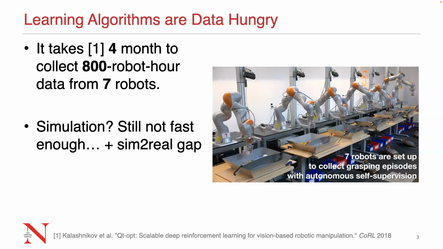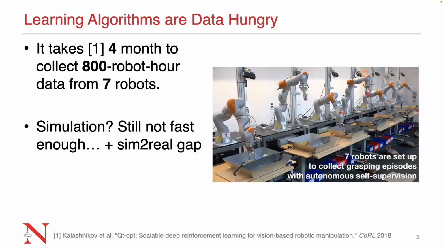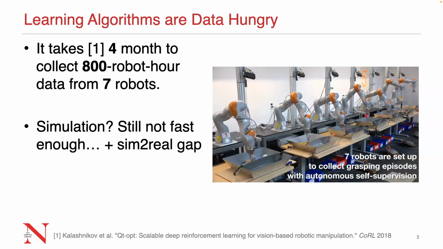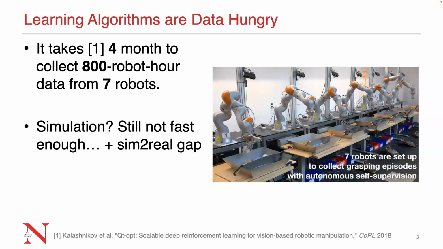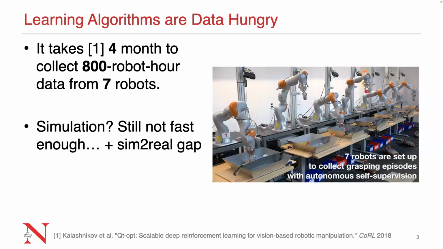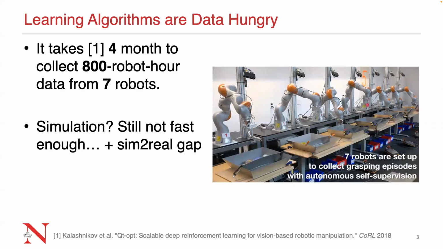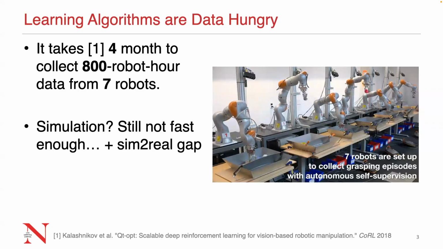One alternative way of solving the problem is to train the policy in simulation, and then deploy the trained policy in the real world. But still, since we are in robotics, we need to simulate the physical contacts. We need to simulate all of the transitions as the robot is exploring in the world, so it's still not fast enough.